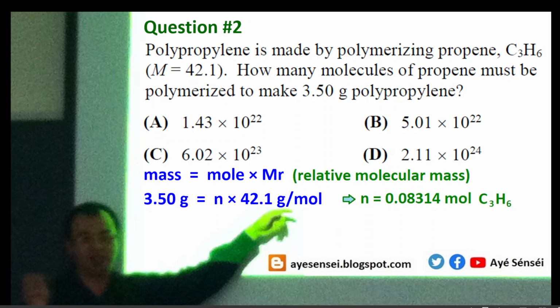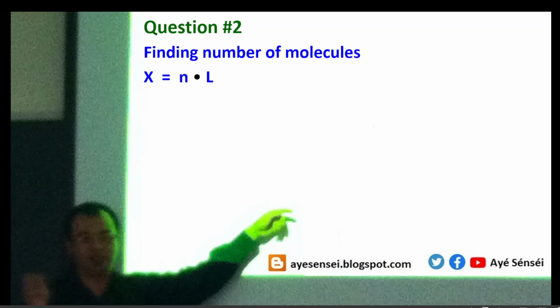Unfortunately, the question asks about the number of molecules, so we need to do a little more analysis here. Let's see. We can find the number of molecules by applying this correlation: N equals n times L. L is the Avogadro constant, the value is 6.02 times 10 to the power of 23.